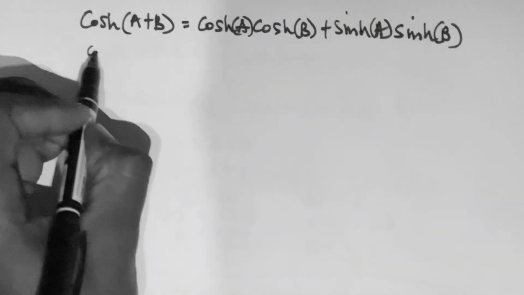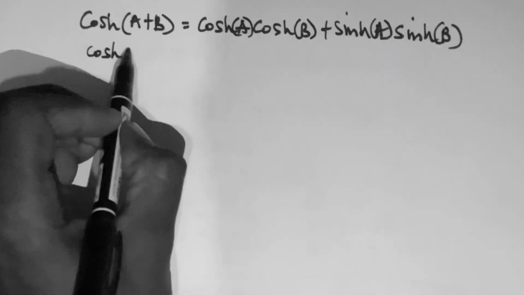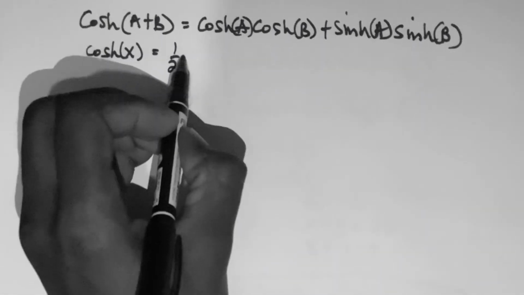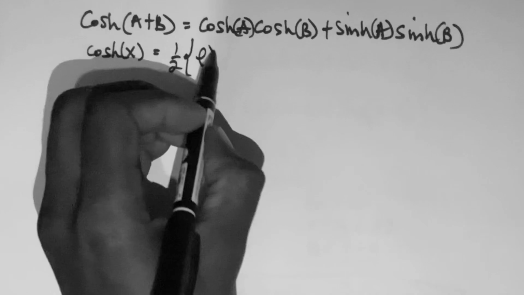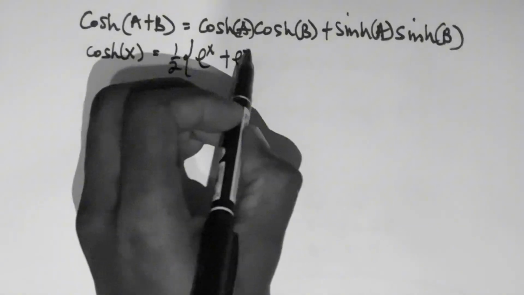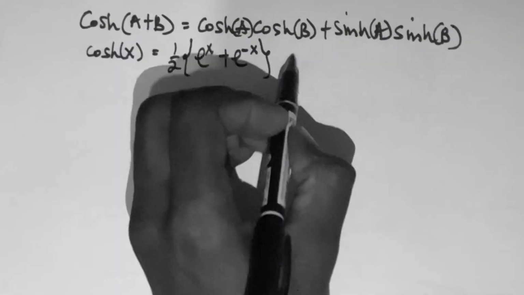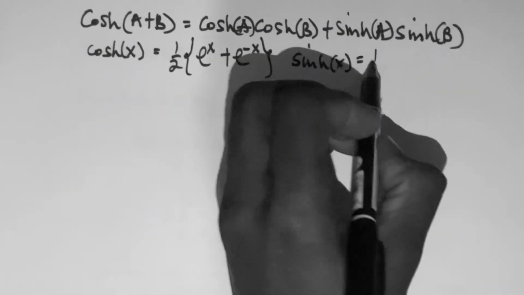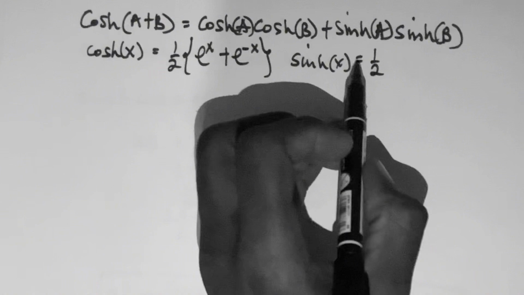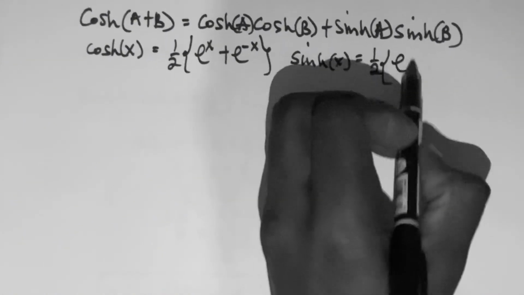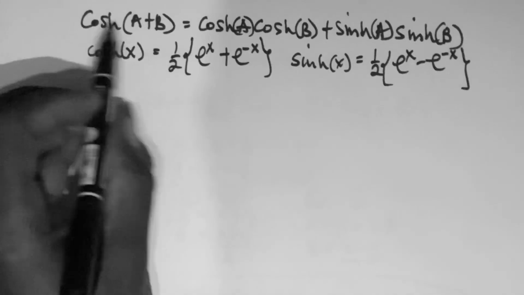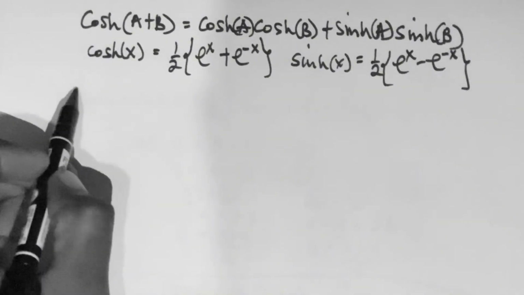We said that cosh x equals half, exponent x plus exponent minus x, and then sinh x equals half, into brackets exponent x minus exponent minus x.